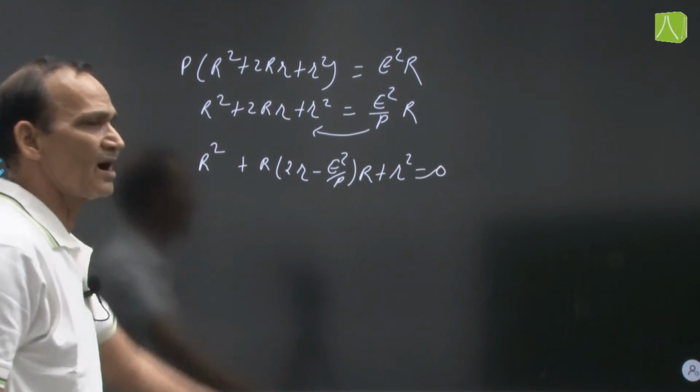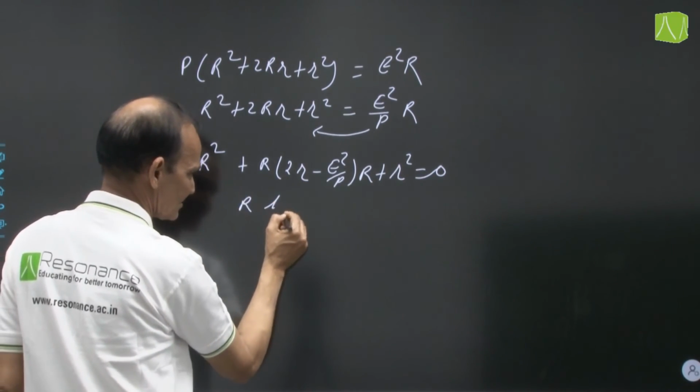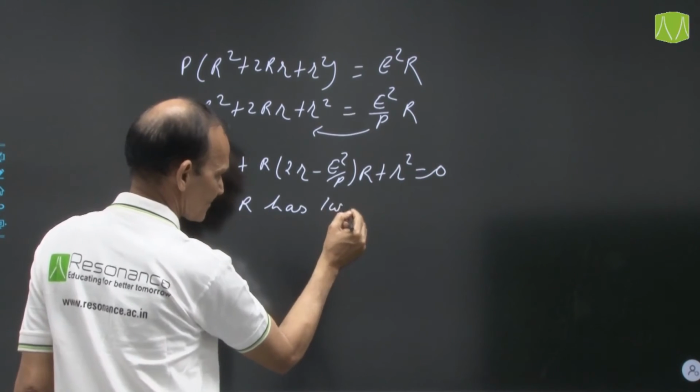It is a quadratic in R. It means R has two values.